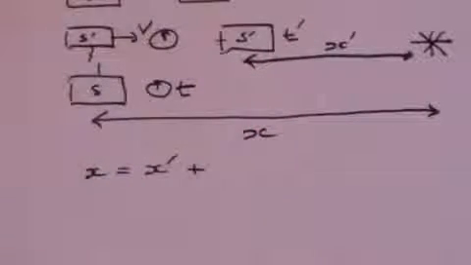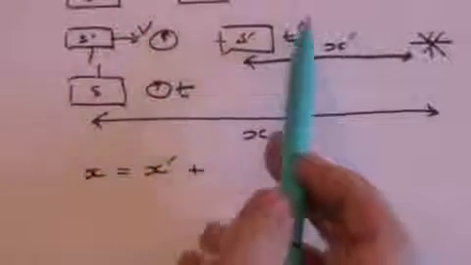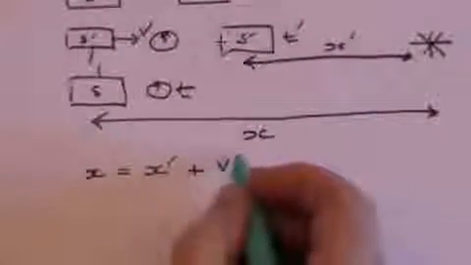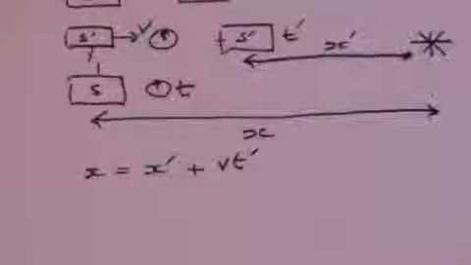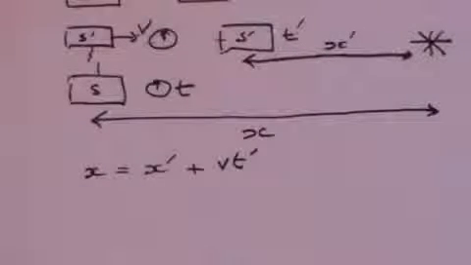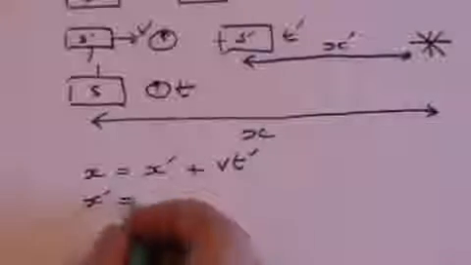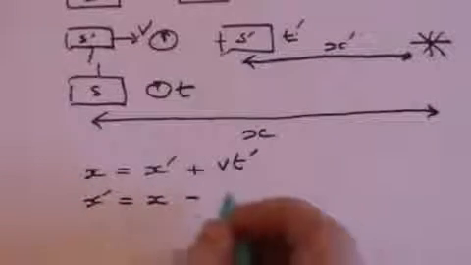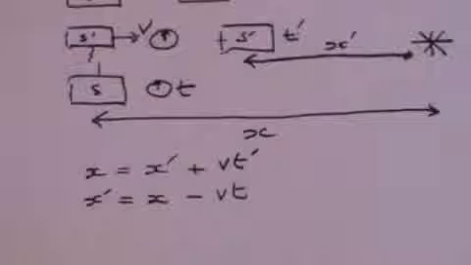So the distance will be the velocity times the time, vt or vt prime. So now we can say that x is x prime plus vt prime, or if you prefer, x prime is x minus vt. All of that sounds fairly straightforward.